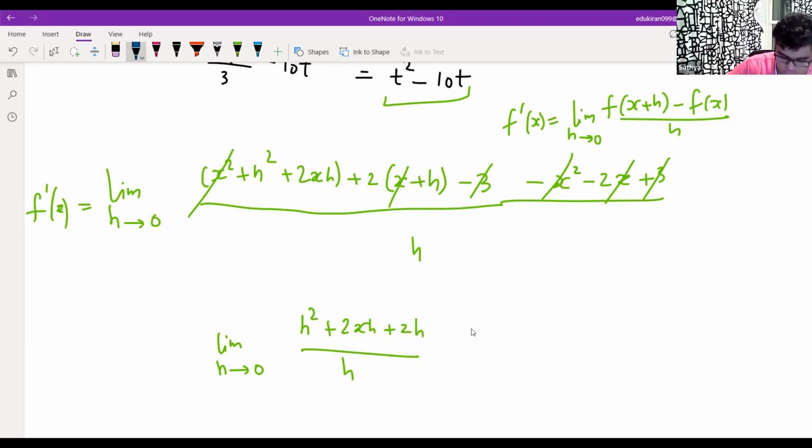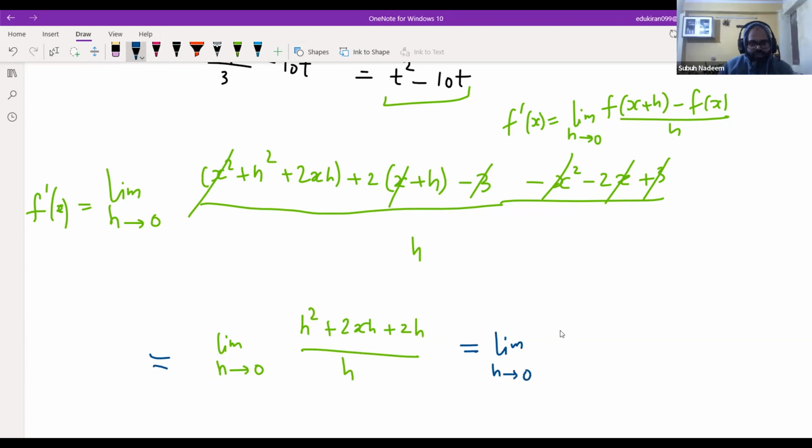Should I cancel the h and h square? Can I cancel that? How will you cancel that? There are h in other places also. Can you take h common from the numerator? Yes, sir. h plus 2x plus 2 upon h.